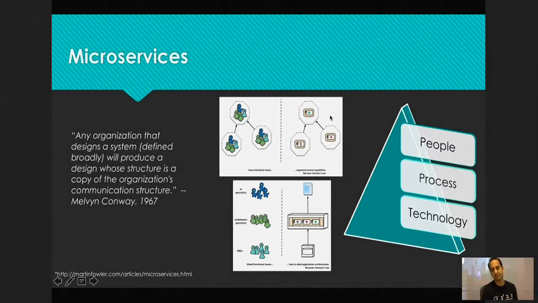This is referenced in Martin Fowler's seminal blog entry on microservices many years back. Going back to the point, you need to look at it holistically from this side of the house too: people, process, technology working together to provide you microservices.